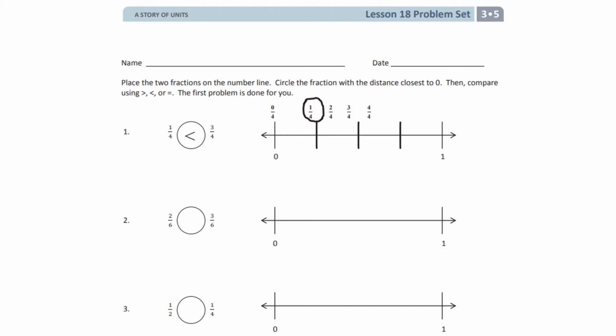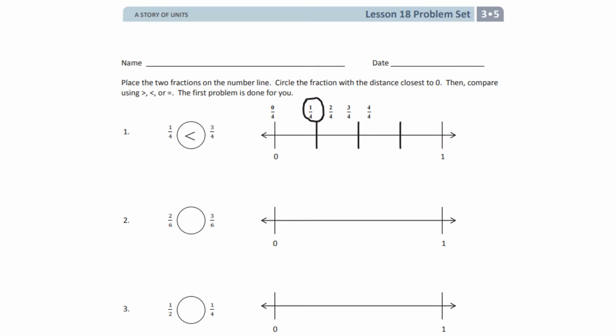And then all you have to do is make the denominators the same, or you can try changing both of these on the number line as halves and as fourths. If you do decide you want to make the denominators the same, what you have to do is multiply the numerator and the denominator by the same number on both sides so that both are equal. We will be getting into that too.